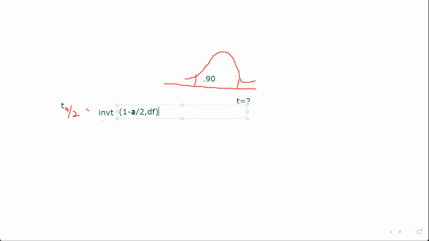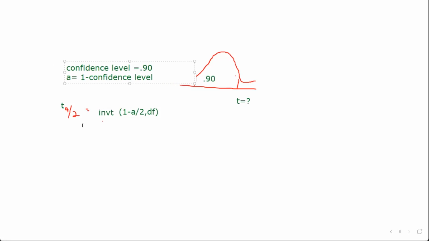So now remember too that just like in the last section, your confidence level is 90%, 0.90, okay? Your alpha is always 1 minus the confidence level. No matter what distribution you're on, alpha is 1 minus the confidence level.